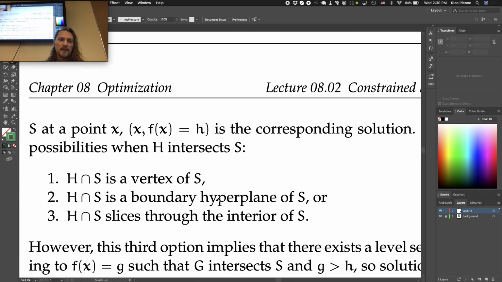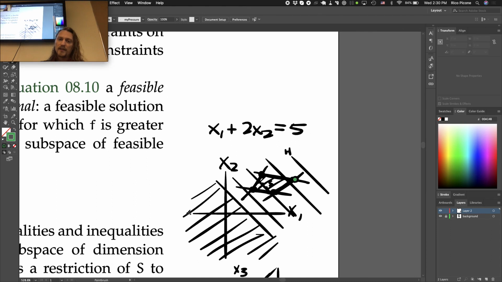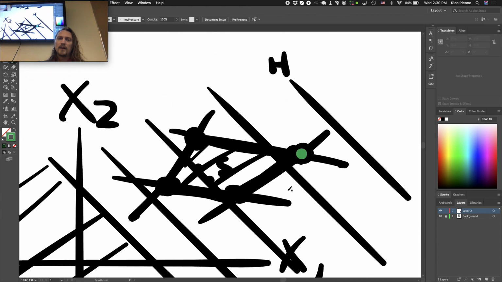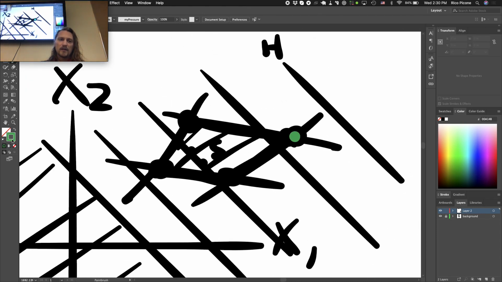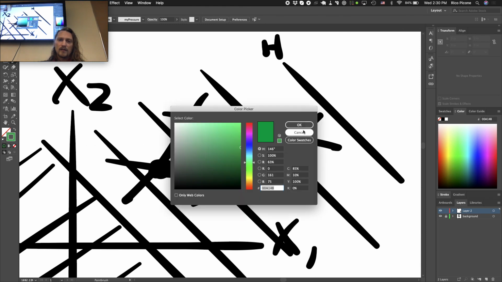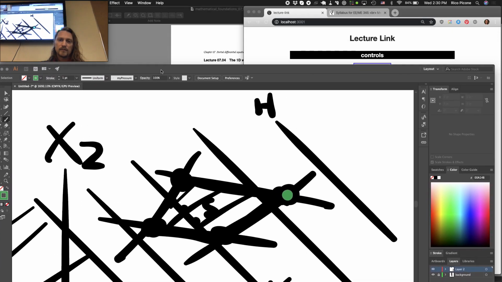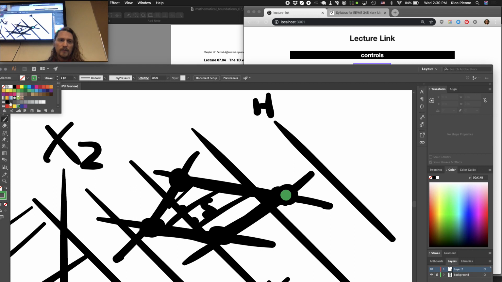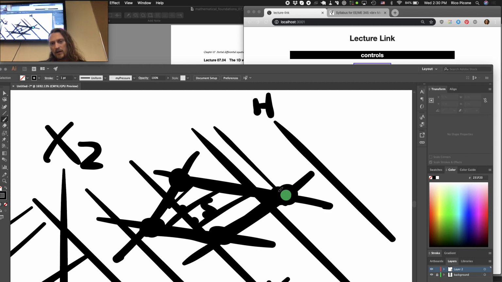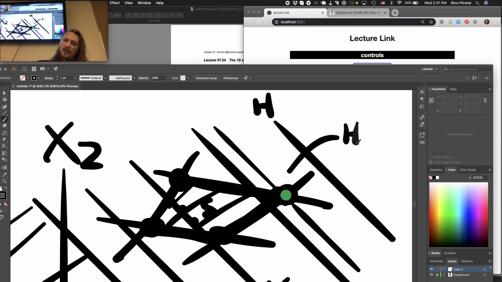So h intersect S is a vertex of S. In this case, if we have this H here that goes through that vertex, then the intersection right there is H intersect S in green.